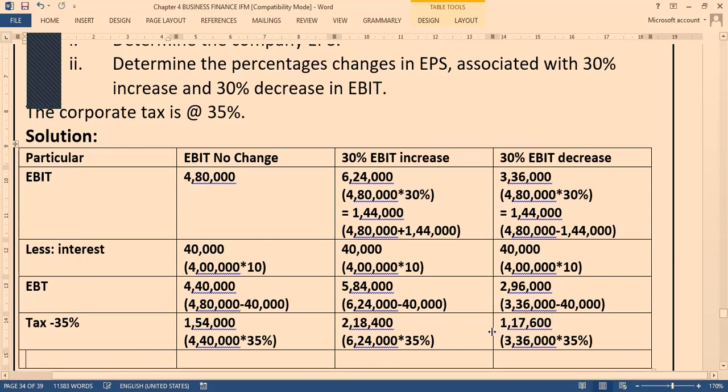Now we have to find earnings after tax, EAT.